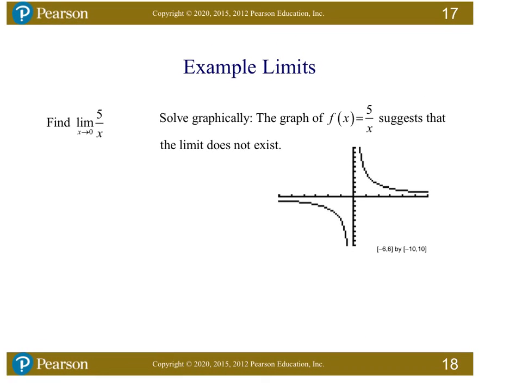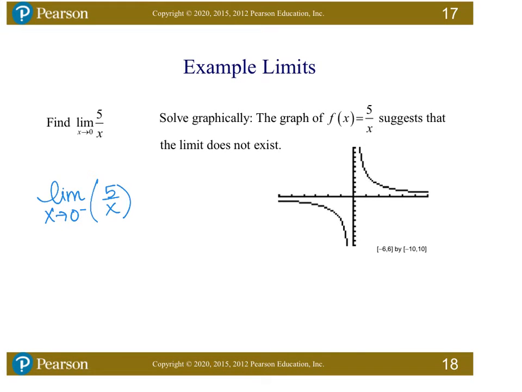This next example is an example of a hyperbola. And in this hyperbola, we are asked to approach 0. And so your job is to do both sides of the hyperbola. So you want to approach from the left of 5/x.